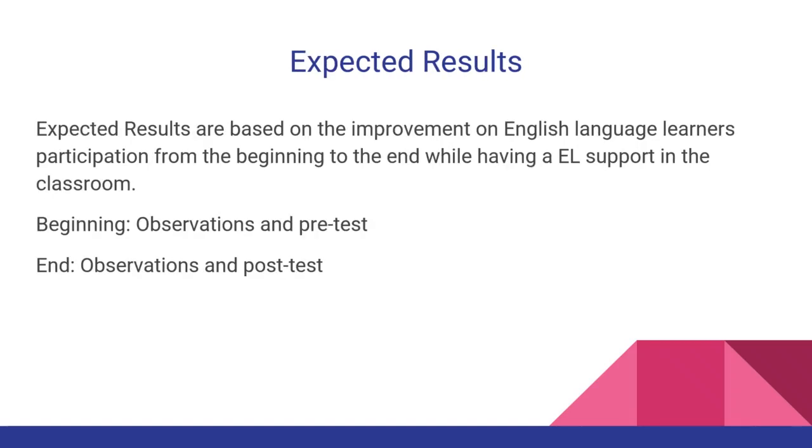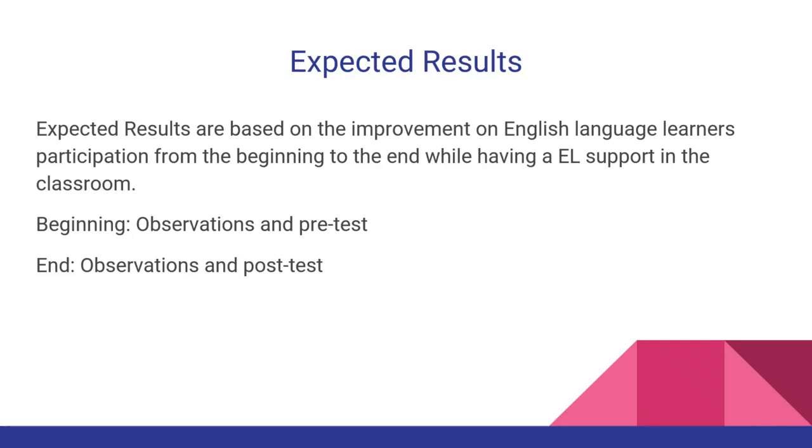The expected results are based on the improvement in English language learners' participation from the beginning to the end while having EL support in the classroom. Beginning is observations and pretest. The end is observation and post-test. When I do the observation, it can include how students are behaving in the classroom and how they are interested in what is being taught.